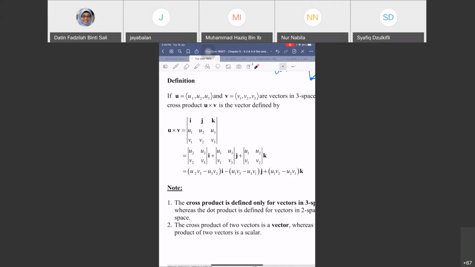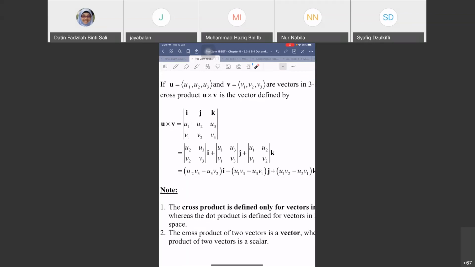Another thing is that you have a plus-minus sign for your first row. If you recall last time, you have plus, minus, plus, isn't it? That's the sign, because of the factor of -1 to the power i plus j from last time.